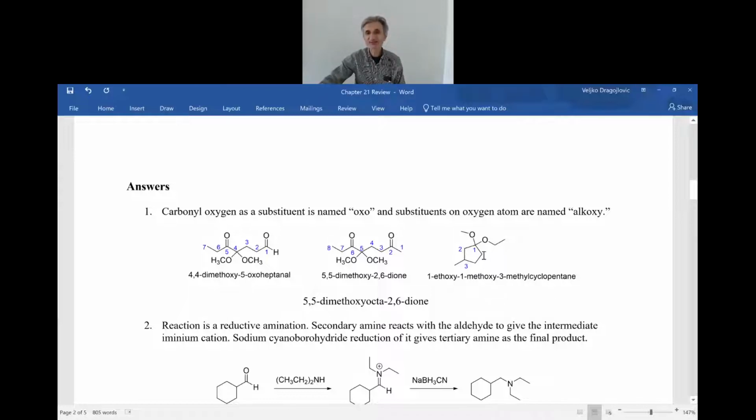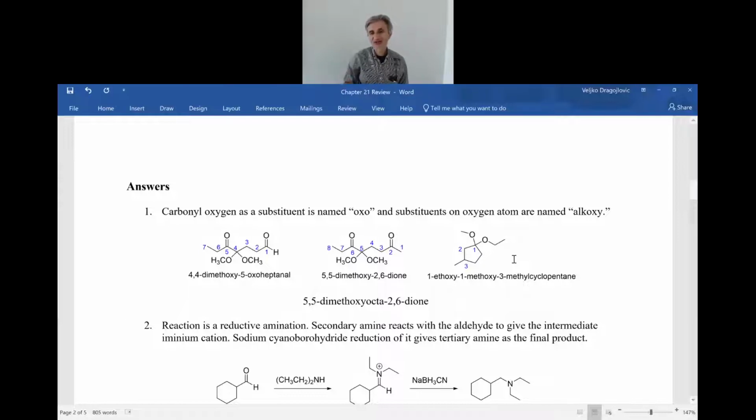And the final compound, in this case, we have only substituents. The longest chain is actually a ring, a 5-membered ring, cyclopentane. So it's going to be some cyclopentane. And then we have two substituents on one carbon and one on the other carbon. So two substituents that are on a single carbon will be numbered as substituents 1. Of course, any carbon on a ring could be carbon 1.